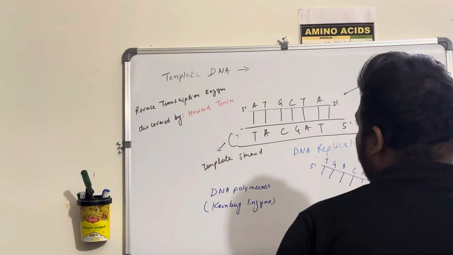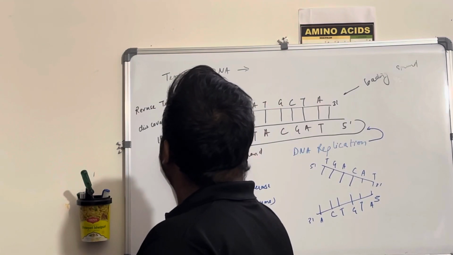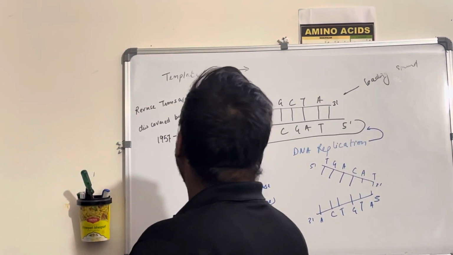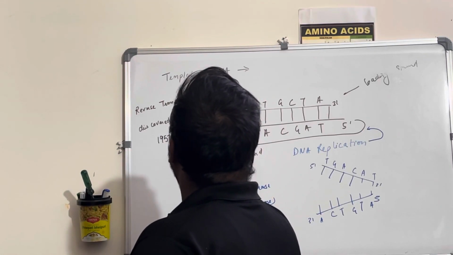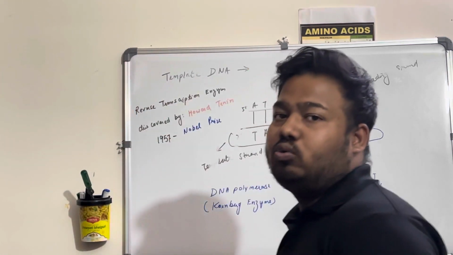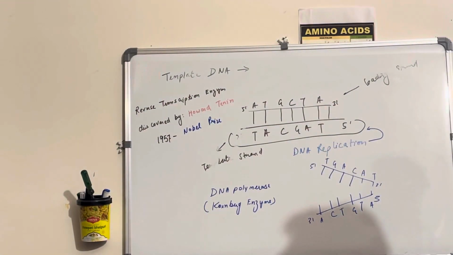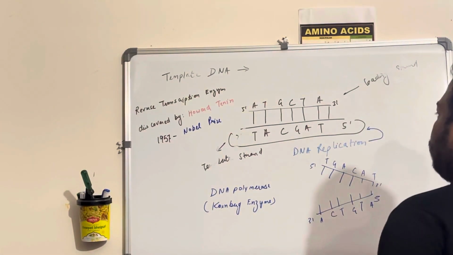And he got a Nobel Prize, in 1957. It is very important to know this, because in some CSIR questions you will get this type of question as general-based questions.